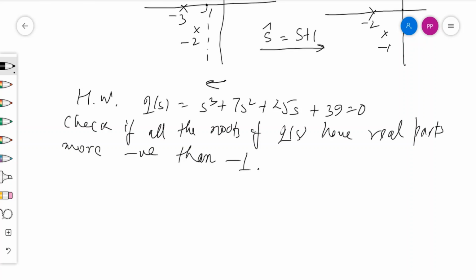Another problem you can try is finding certain parameters of the system under the given condition of stability.